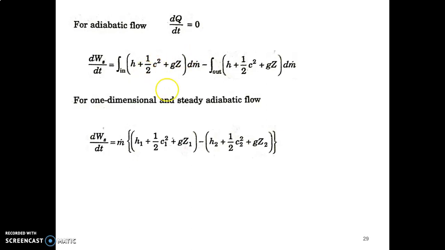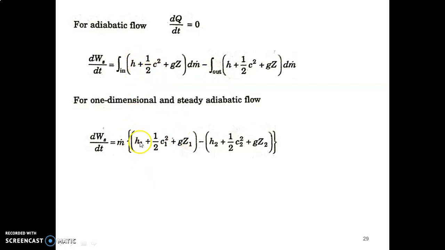Let us see. We have applied limits. We have integrated the mass flow rate. So integral dm dot will be m dot itself, and we have applied the limits to the values inside the brackets. After applying limits, we have inflow minus outflow.